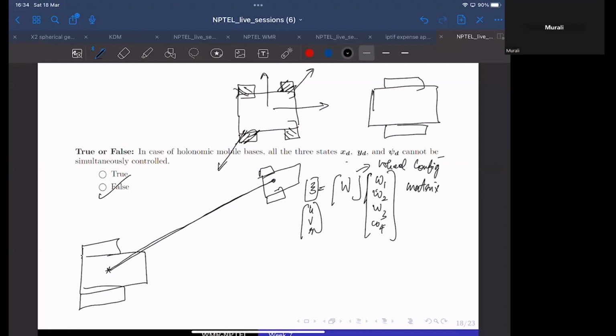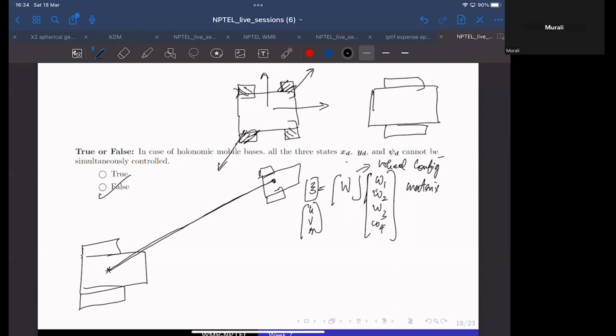And once it has reached this final position, then it can try to reach the desired orientation. So first we make the position error 0, then we make the orientation error 0. It cannot happen simultaneously. That is the drawback of this robot. First we have to achieve the position coordinates, after that we achieve the orientation coordinates.